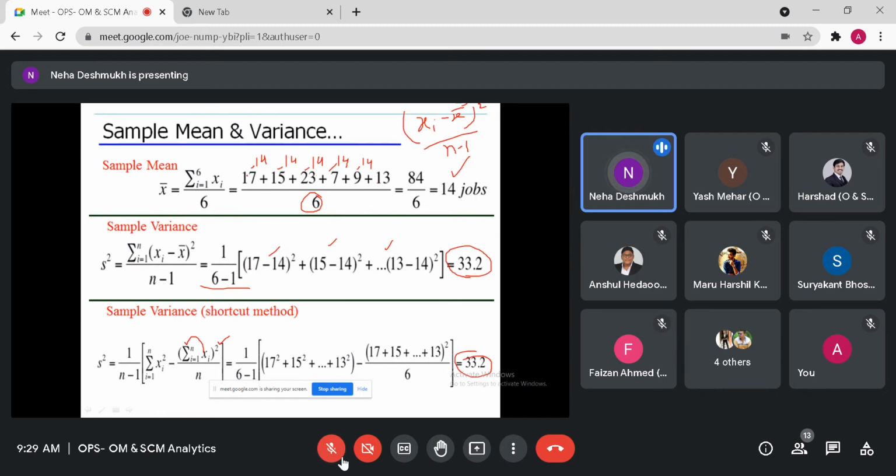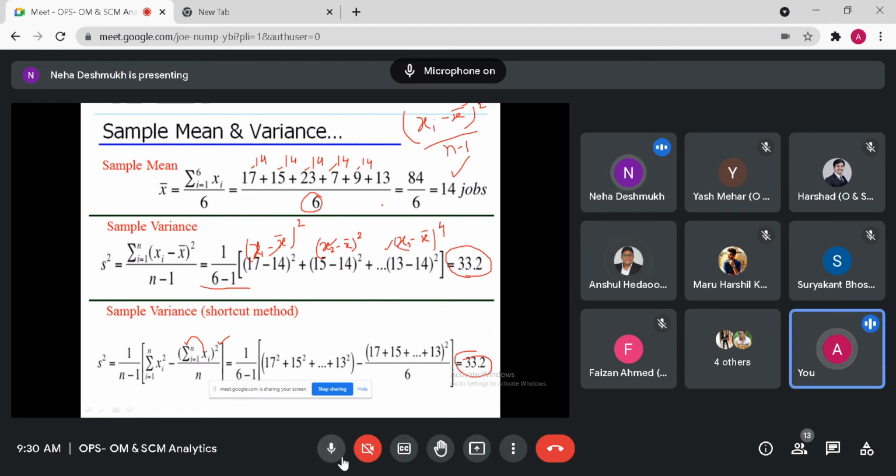So 17 minus 14 whole square, this is your x1 minus x bar whole square, the first observation. Then x2 minus x bar whole square, the second observation. Then x3 minus x bar whole square. Are you with me? Yes, ma'am.